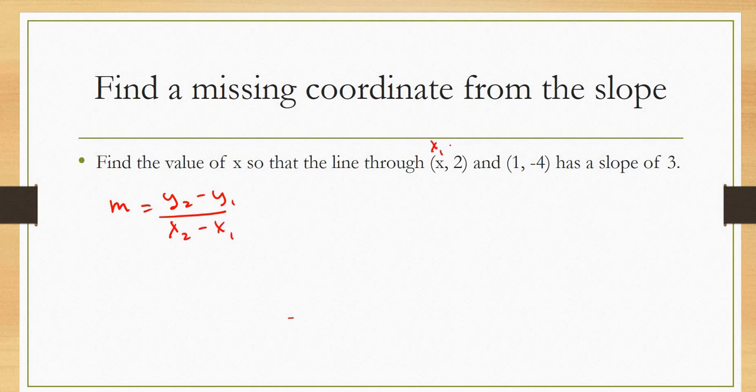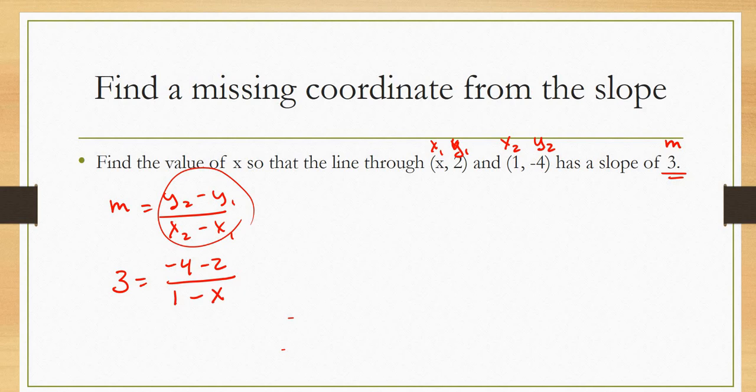I don't know what x sub 1 is, but I do know what y sub 1 is. I do know x sub 2, and I do know y sub 2, and I do know my slope. So my slope is 3. In other words, this ratio has to equal 3: y sub 2 minus y sub 1 over x sub 2 minus my unknown value.